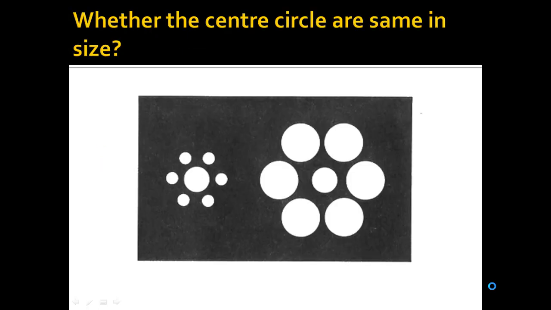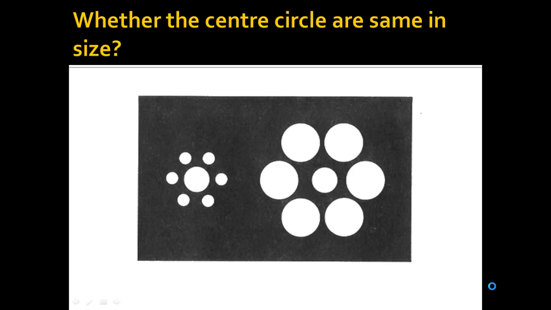So before we start the chapter, before we start defining perception, let's look at these different pictures and see how they actually work, how our brain actually processes this information. So here the question is whether the center circles are the same in size.